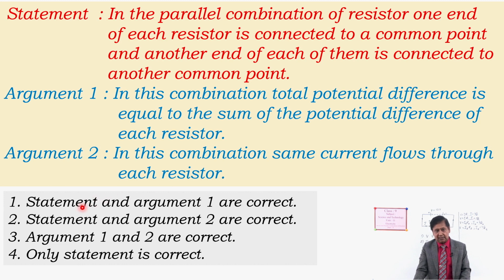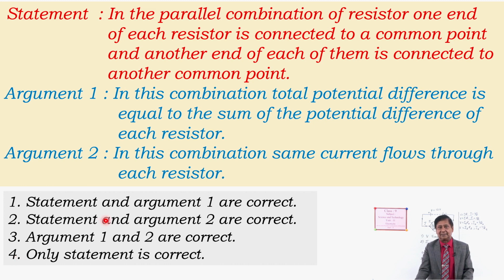That's why this second option is also incorrect. So we'll drop this. Number 3: argument 1 and 2 are correct. Arguments 1 and 2 are incorrect, as previously decided. That's why this option is also not correct. I'll drop this. Okay. Now, only statement is correct. Yes, the statement was correct from the beginning. That's why option number 4 is correct.